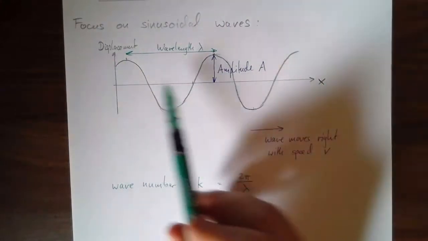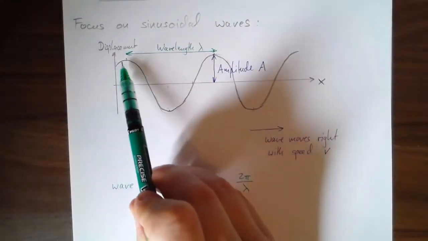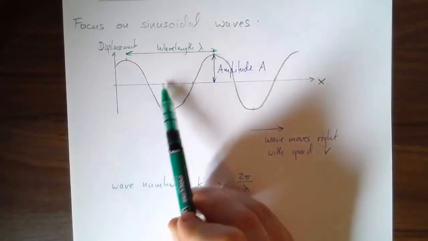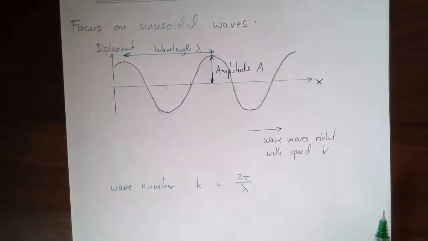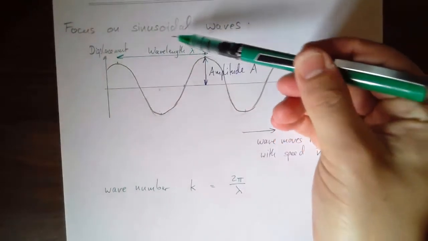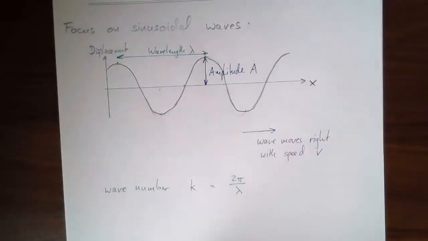I freeze time and ask how many radians of phase I have per meter. So the wave number conceptually expresses the density of waves. More often than not, we're going to talk about the wavelength, which is a lot easier to visualize.